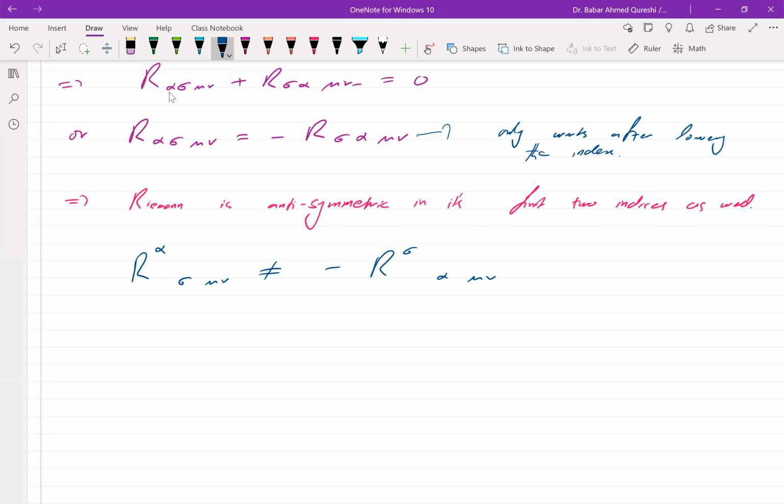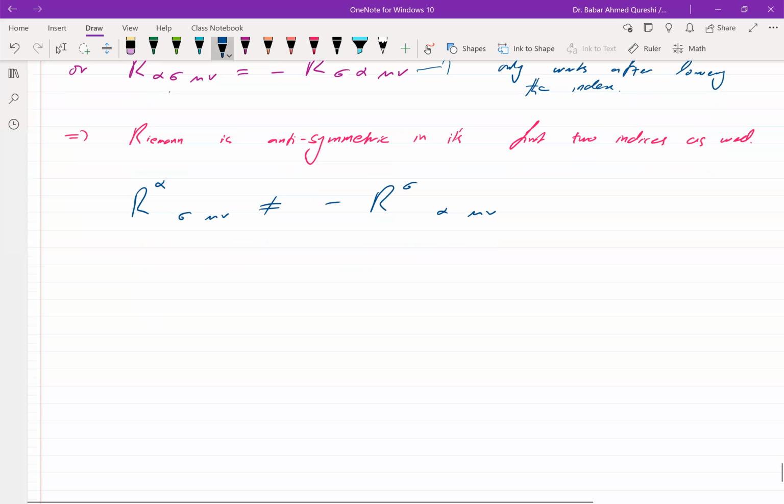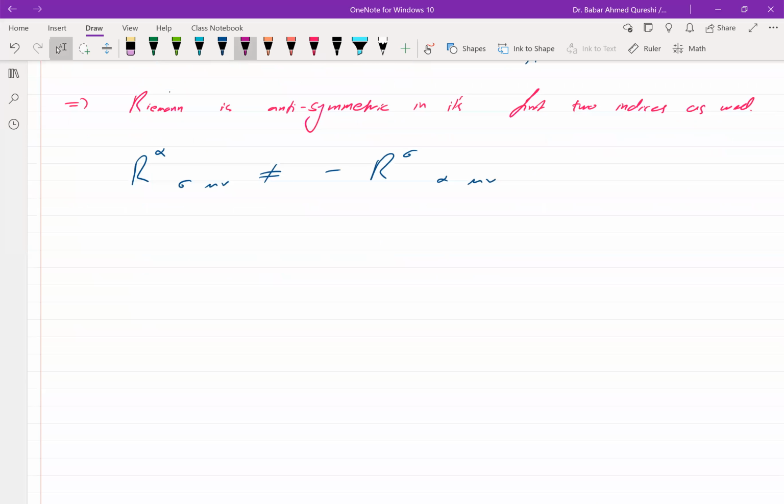Now we can prove another property, another symmetry property. This is the third symmetry property. But this comes from, let's consider the Jacobi identity.